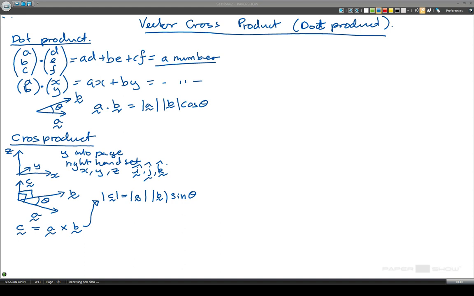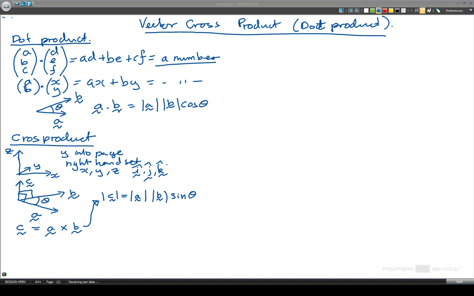Notice that in the one case where the direction of C would be hard to figure out, where A and B are parallel to each other, or in the opposite direction, then there are lots of different directions for C which would be perpendicular to A and B. Then in that case, sine of theta would be sine of 0 or sine of 180.